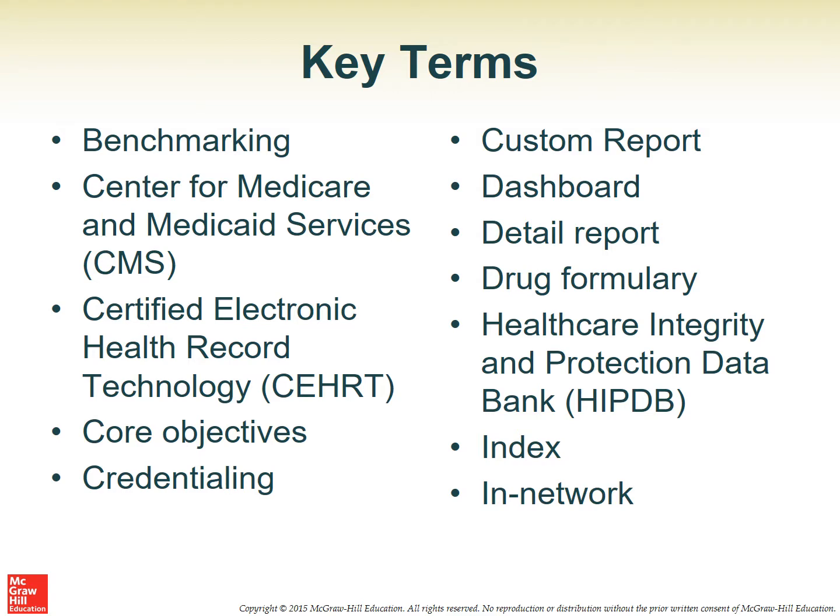Key terms for this chapter: benchmarking, Centers for Medicare and Medicaid Services, certified electronic health record technology, core objectives, credentialing, custom reports, dashboards, detail reports, drug formulary, Healthcare Integrity and Protection Data Bank, index, and networks.